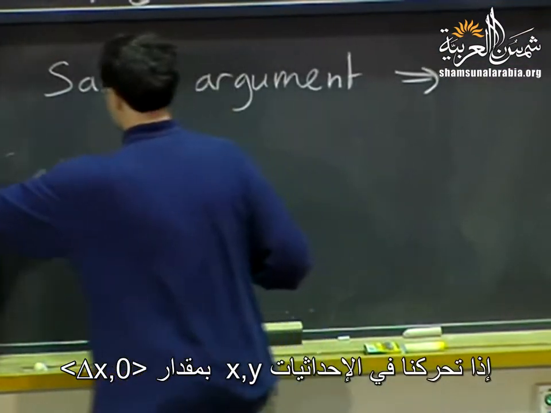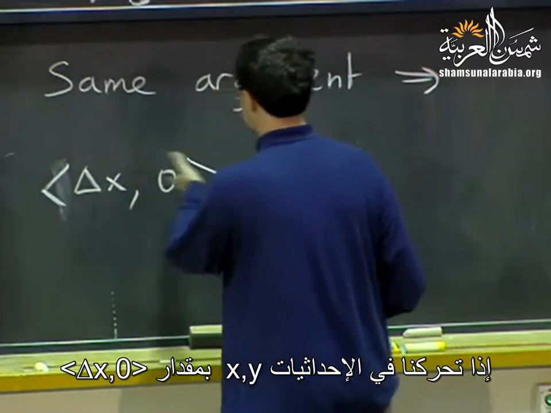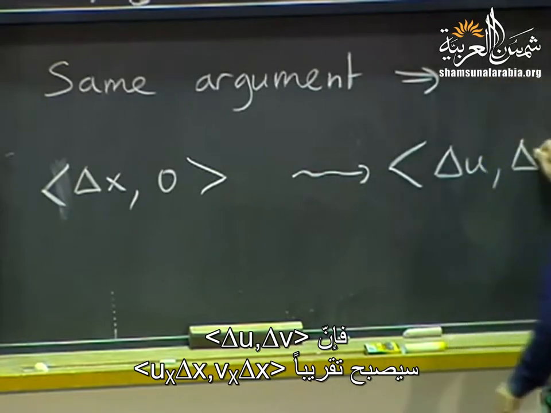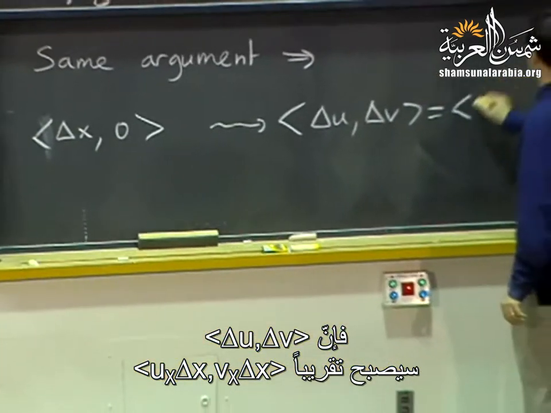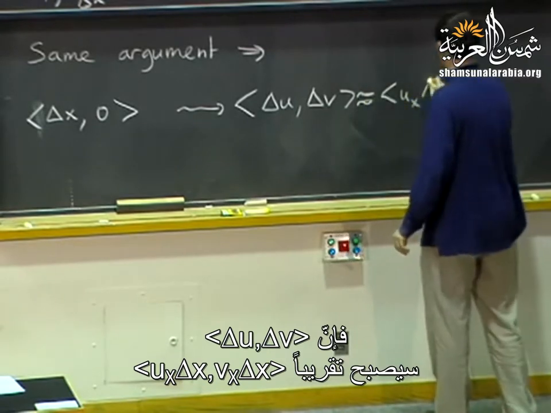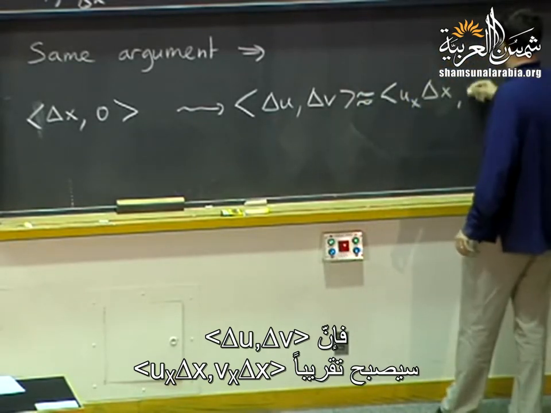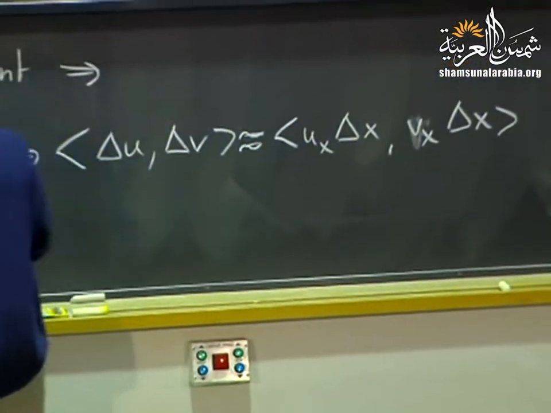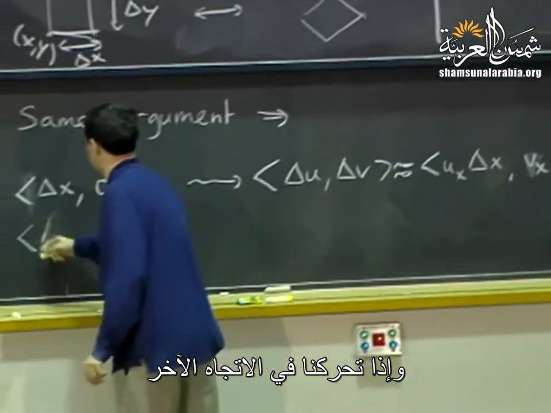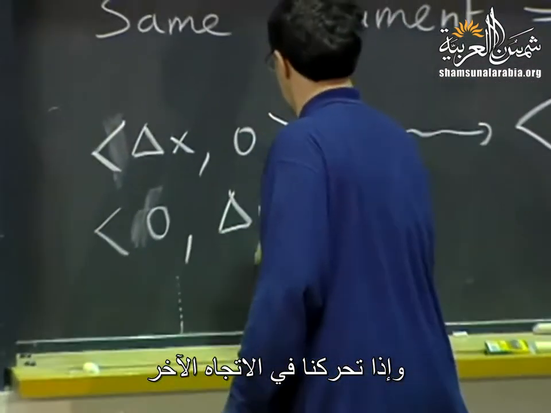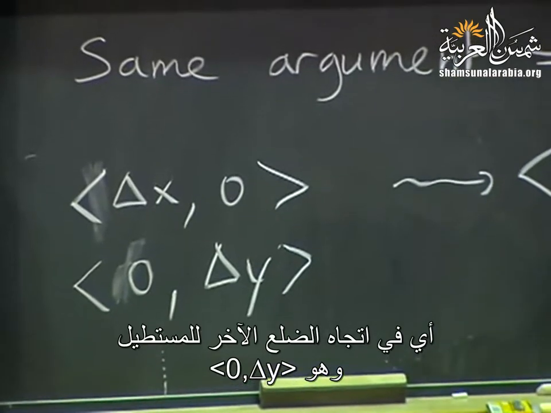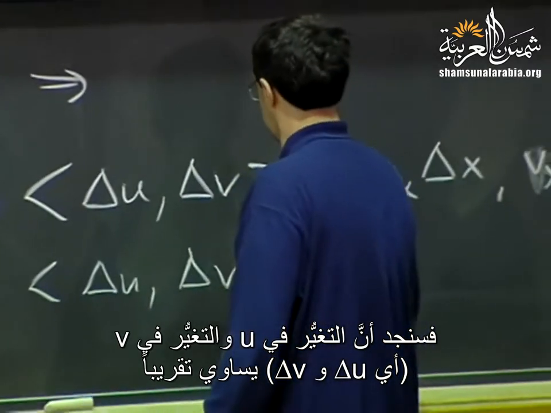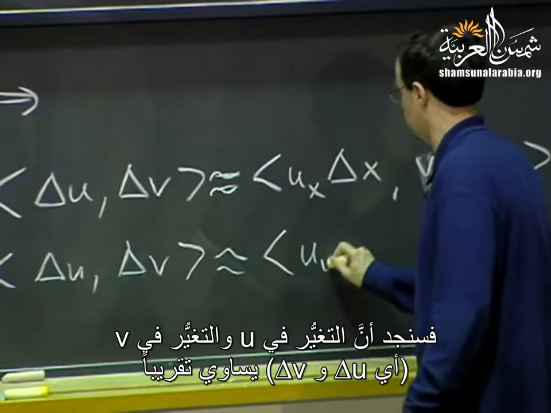So, if we move in the xy coordinates by delta x and 0, then delta u and delta v will be approximately u sub x delta x and v sub x delta x. And on the other hand, if you move in the other direction, along the other side of your rectangle, 0 and delta y, then the change in u and the change in v will correspond to, well, how does u change?